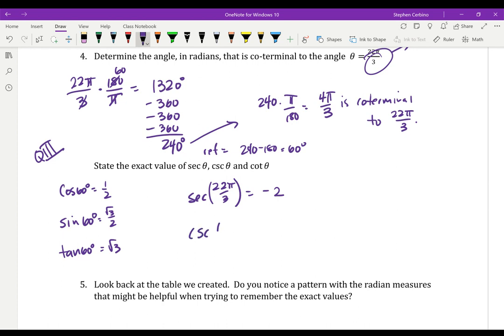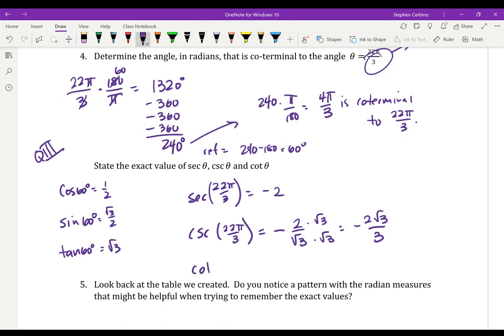I can find the cosecant of 22 pi over 3 by saying I know it's in quadrant 3, I know it's the reciprocal of sine, so I know it's negative. I'm going to flip this fraction, 2 over the square root of 3, and since we want exact form, we are going to rationalize and get negative 2 square roots of 3 over 3 for cosecant.